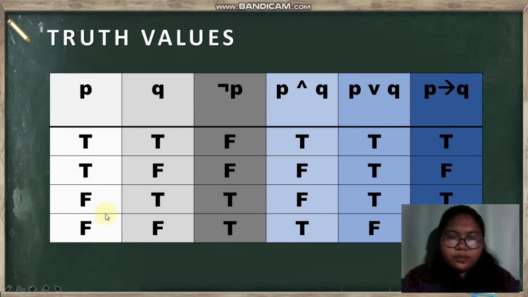If P and Q are false, it can be true too. But if P is true and Q is false, if P then Q will be false. Okay, that's about the truth value, the truth table of propositional logic.